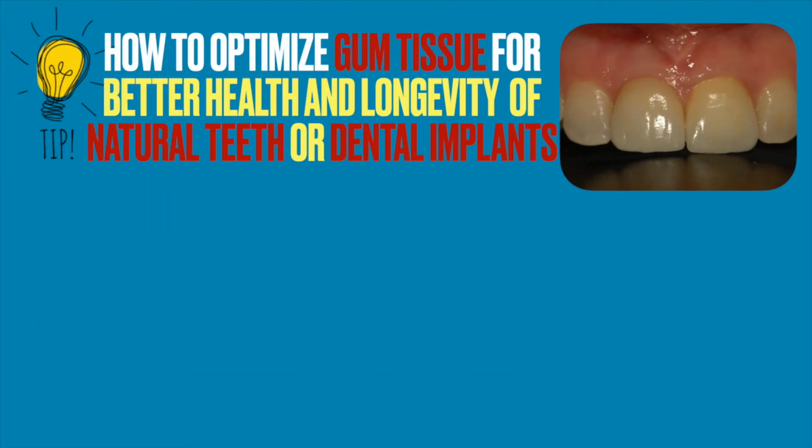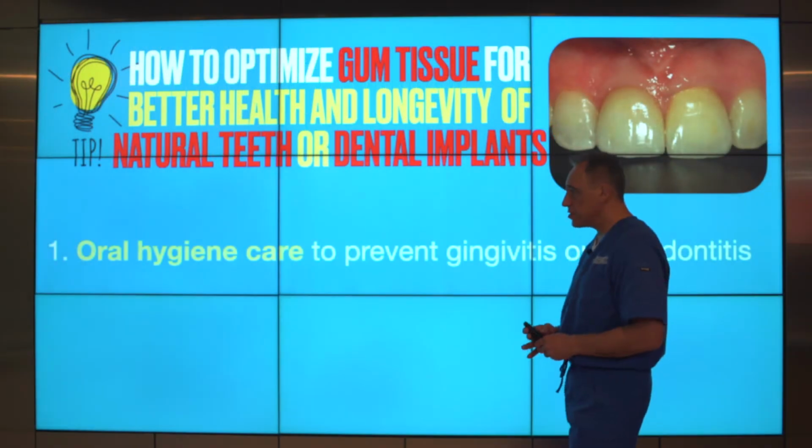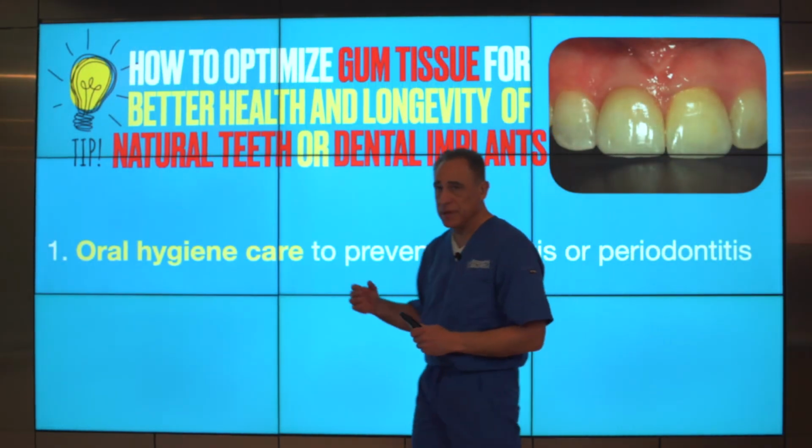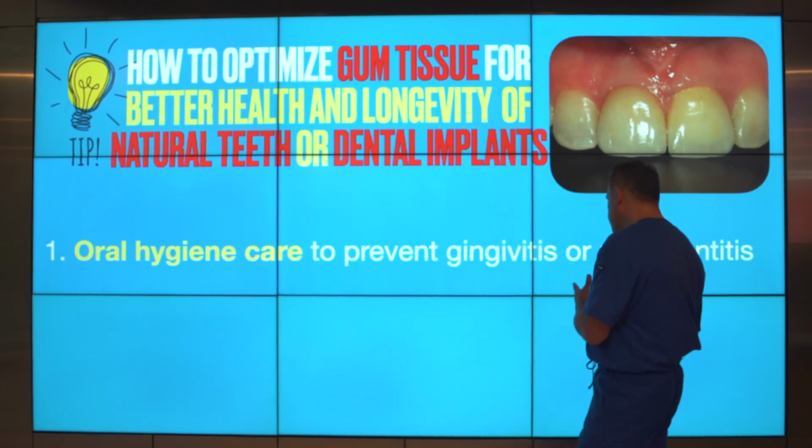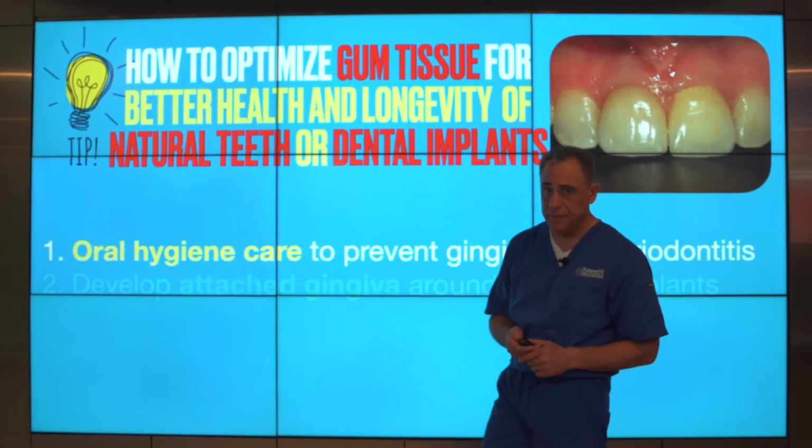So here are my tips on how to optimize gum tissue for better health and longevity around natural teeth as well as dental implants. First, important to have an optimal and meticulous oral hygiene care in order to prevent gingivitis or periodontal disease.